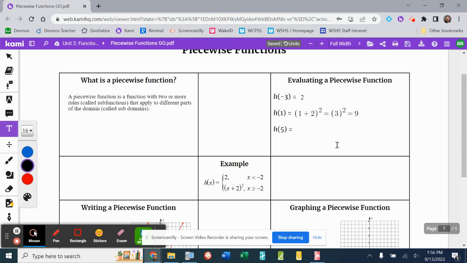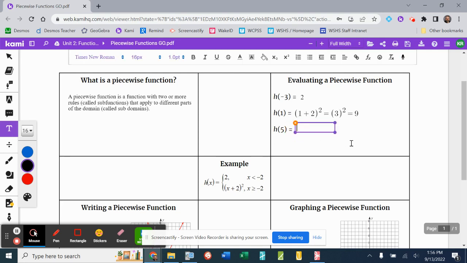Similarly, when I take h of 5, I again ask myself which subdomain 5 would fall into. Well, 5, similar to 1, is greater than -2, so I'm going to use the second rule again. Here I would use (x + 2) squared, but instead of x, I'm using 5.